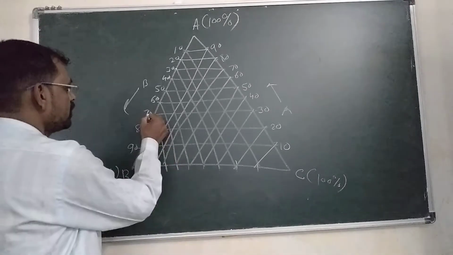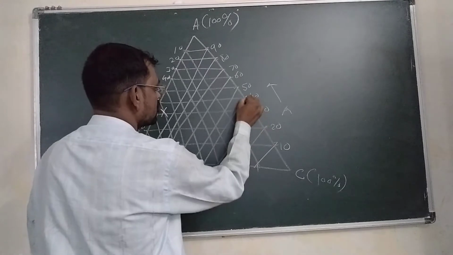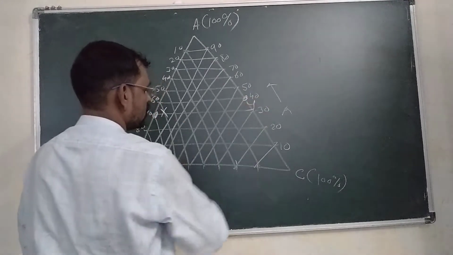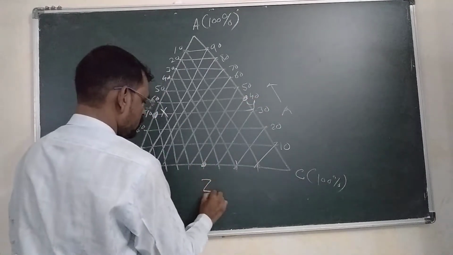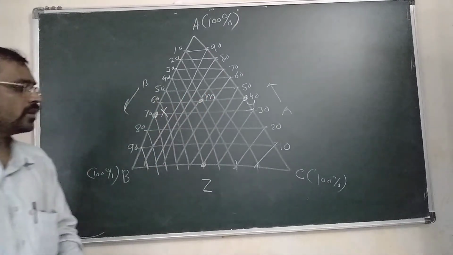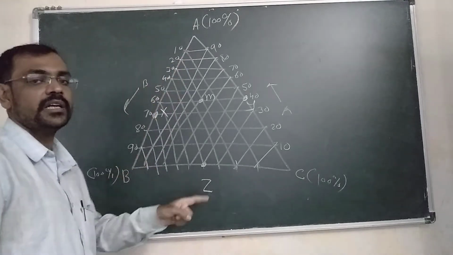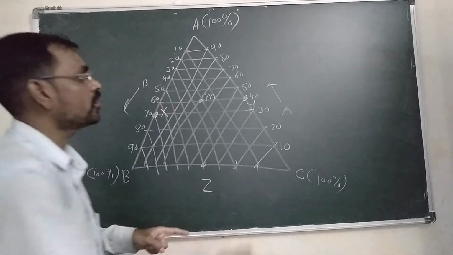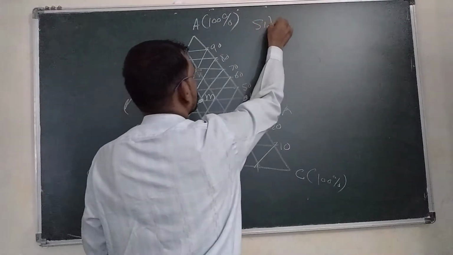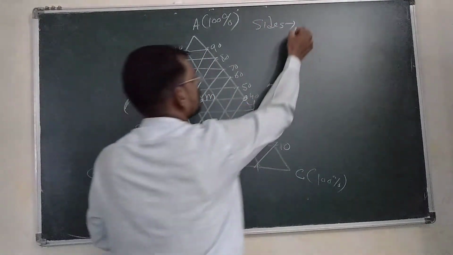Now we draw here the 3 points. Suppose this is the X point, this is the Y point, this is the Z point, and this is the M point. Now on the sides we get the composition of the two components.